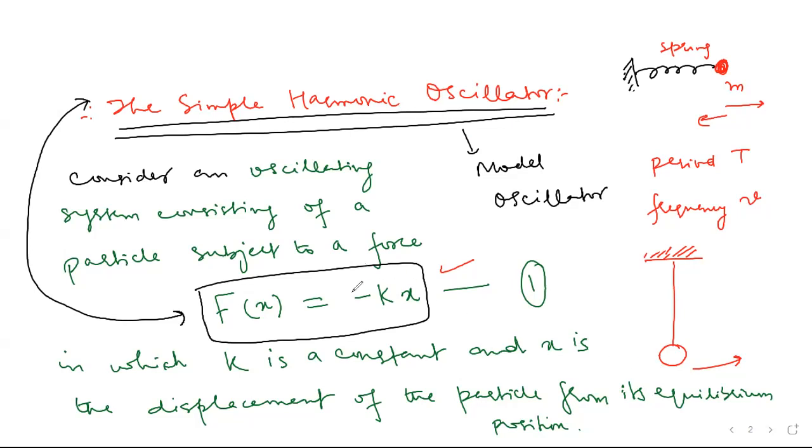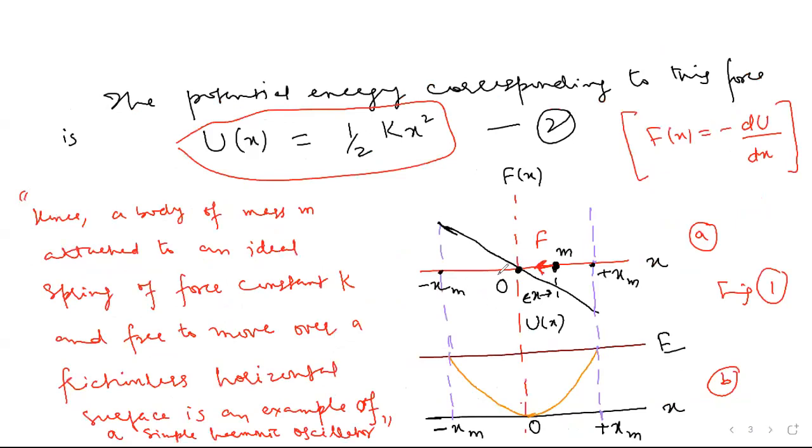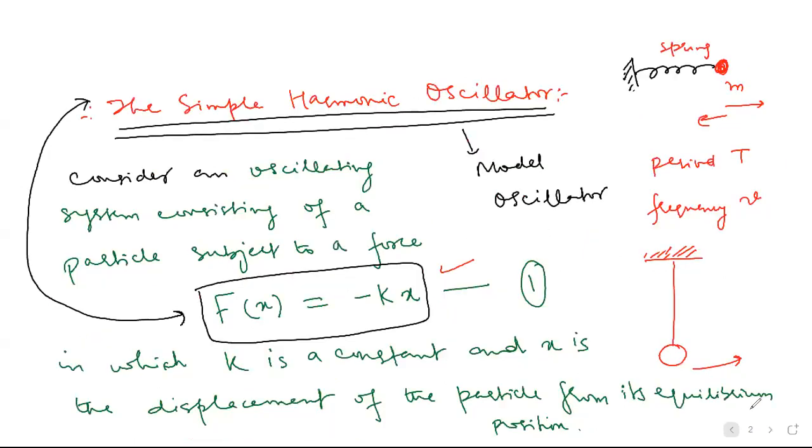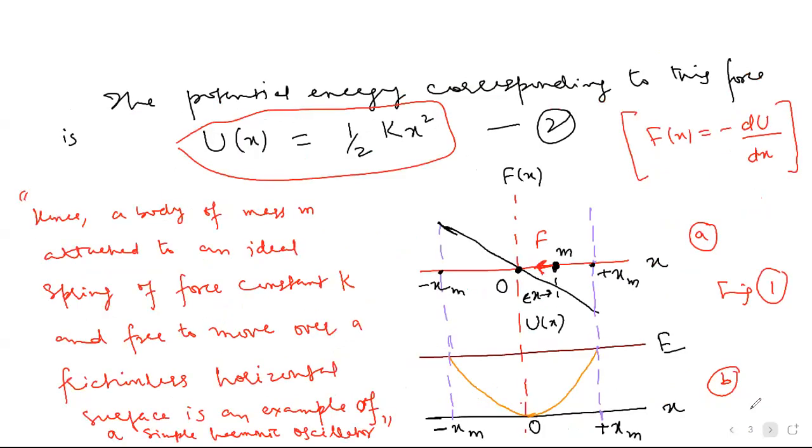So we can define oscillator in terms of force or in terms of potential energy. And then we plotted force and potential energy of a simple harmonic oscillator. Then we said that the equation for force and potential energy matches that of the spring force and potential energy.